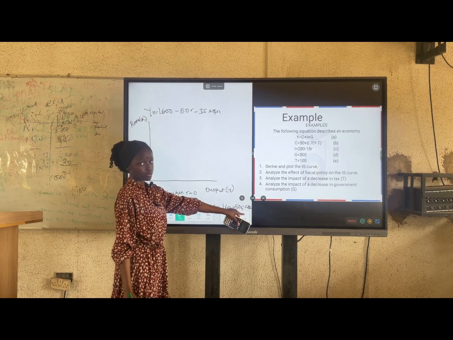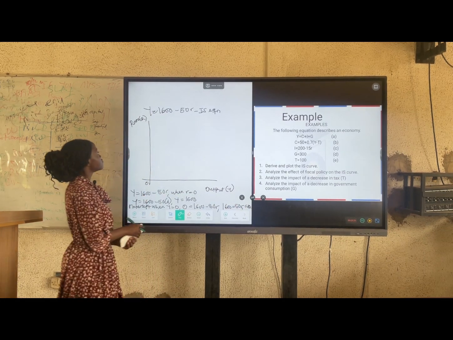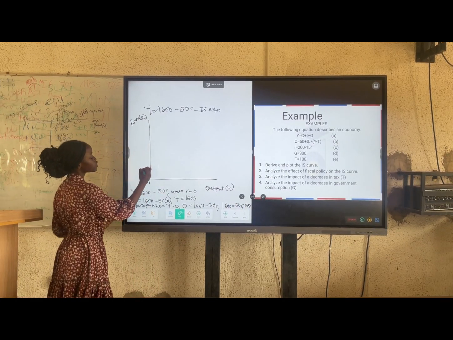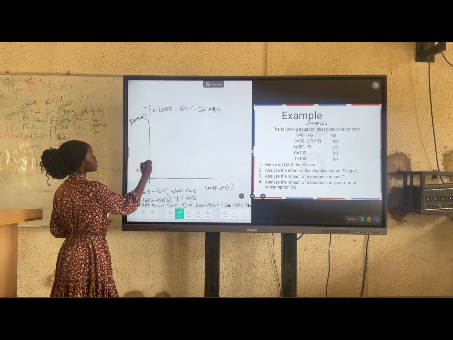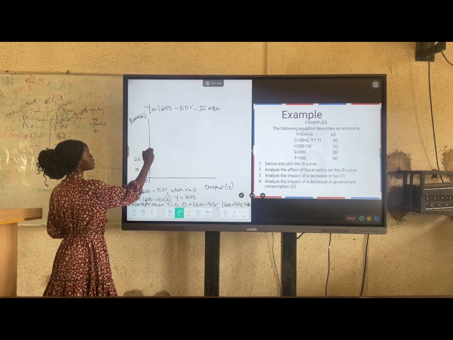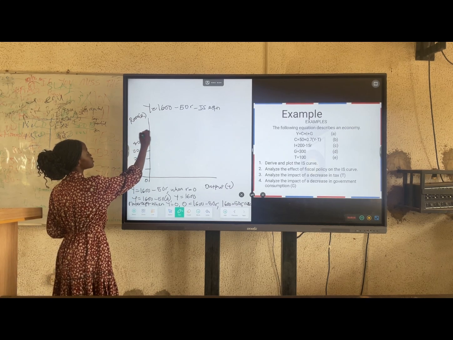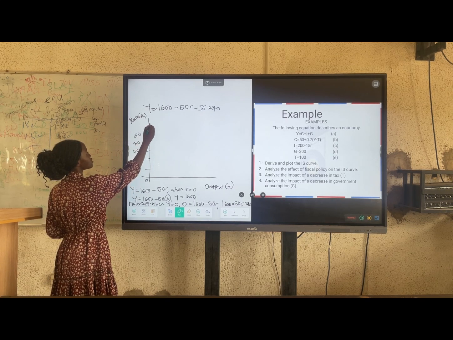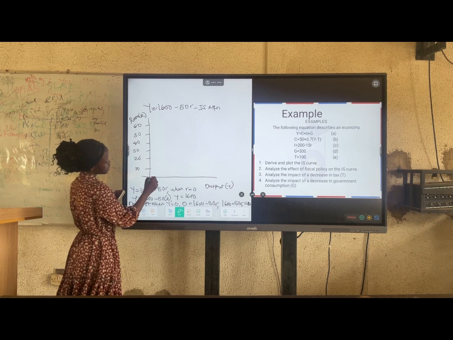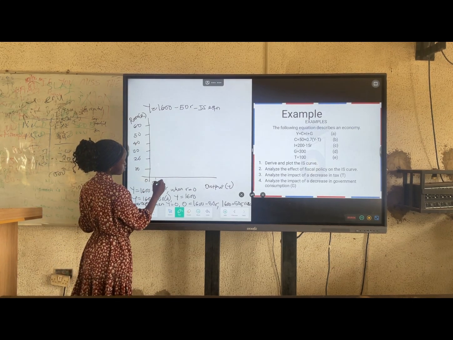That's how I got my r to be 32. So this is our rate, and I'm going to be starting with 10, 20, 30, 40, 50. And here, for the output, I'm going to be starting with 500.